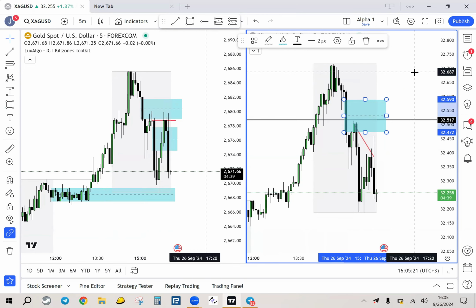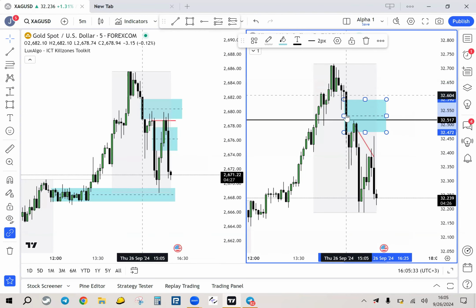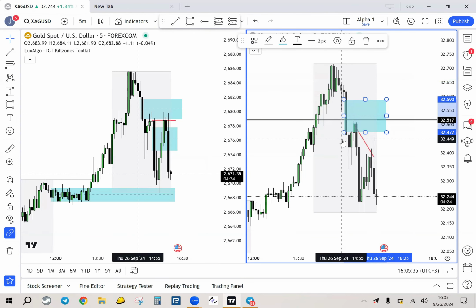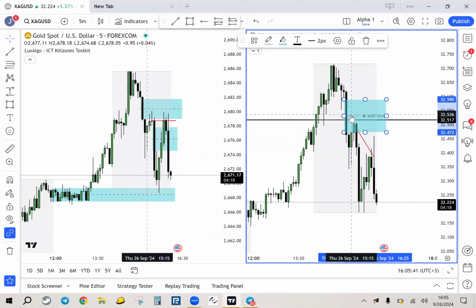Is it going to use it as fuel to continue to go higher? Okay, or is it going to use it to pair it with smart money shorts, in which case it should create a bearish imbalance? Okay, so in this case, seeing this fair value gap being created on silver after having reached an old high, if it's going to be respected, then it's a big likelihood for price to want to go down.